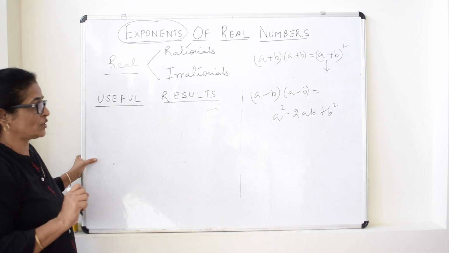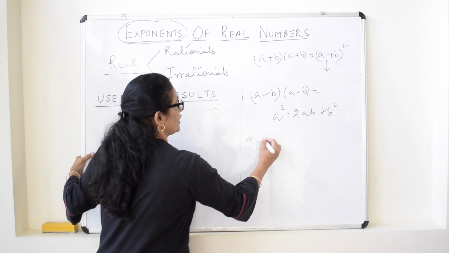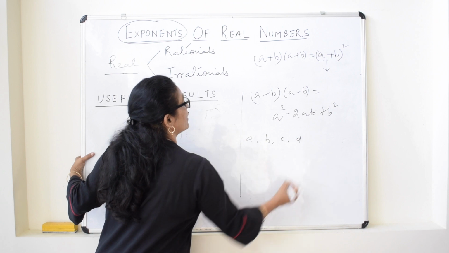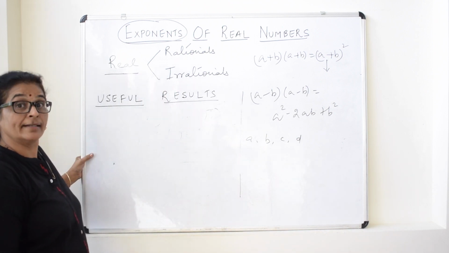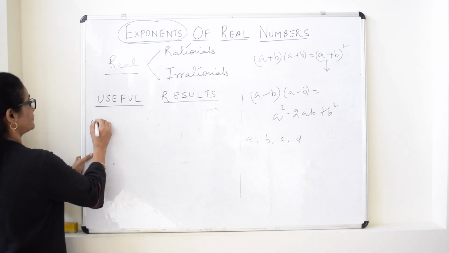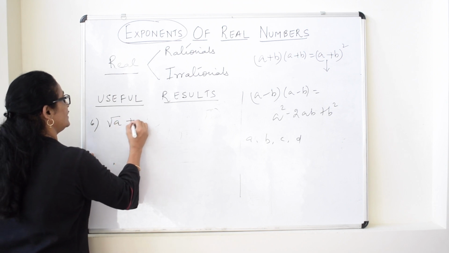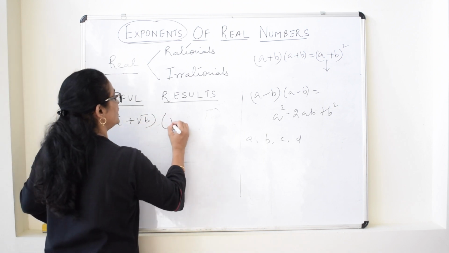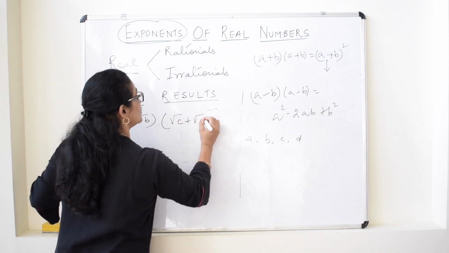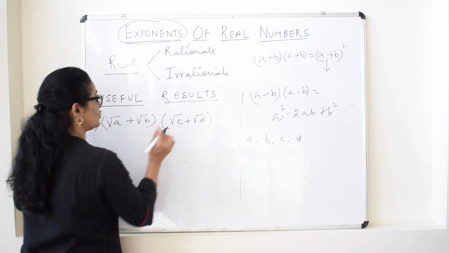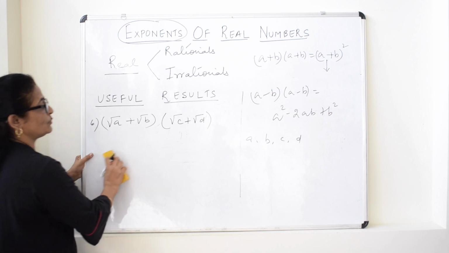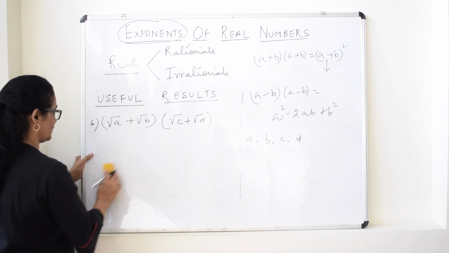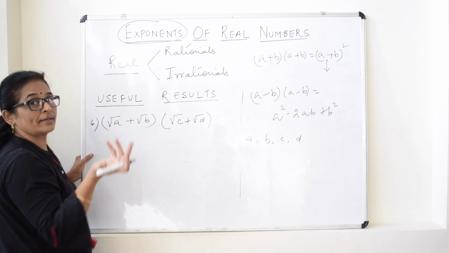If you do remember distributive property, if there are four real numbers A, B, C and D, and if it is like this, (√A + √B) into (√C + √D). So we just have to apply the distributive property, or we can in simple words say that open the brackets.